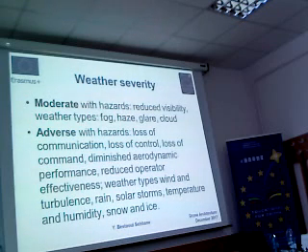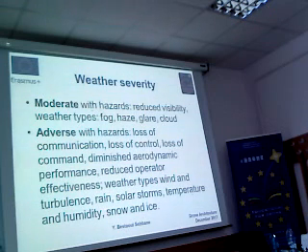Loss of communication, loss of control, and loss of command are technical problems, but we also have to take care about problems from the weather, the type of the wind and turbulence.